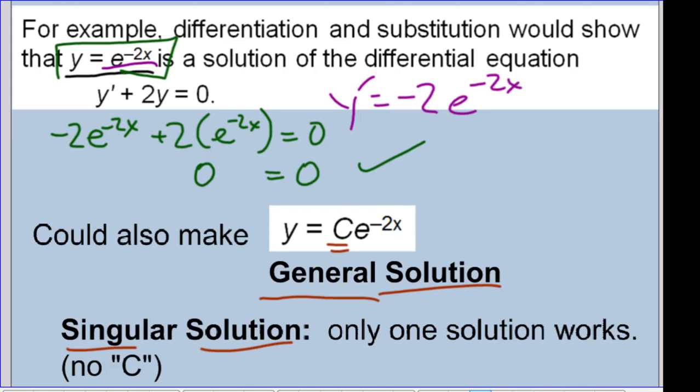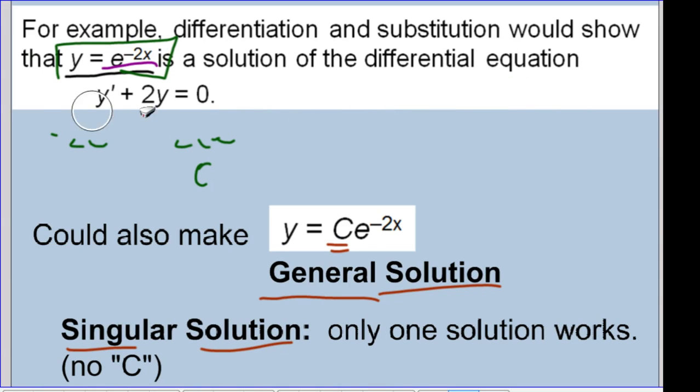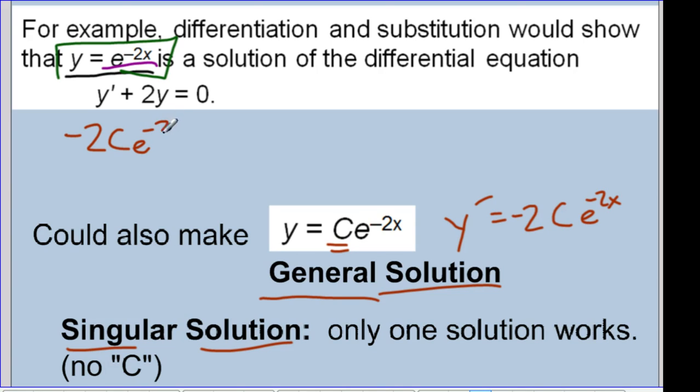Actually, let's take that last example here. There is a general solution of y equals c e to the negative 2x. I'm going to show you. If you plugged in, y prime would be, in this case, negative 2c e to the negative 2x. If you substituted that in, you'd get negative 2c e to the negative 2x plus 2c e to the negative 2x equals 0.